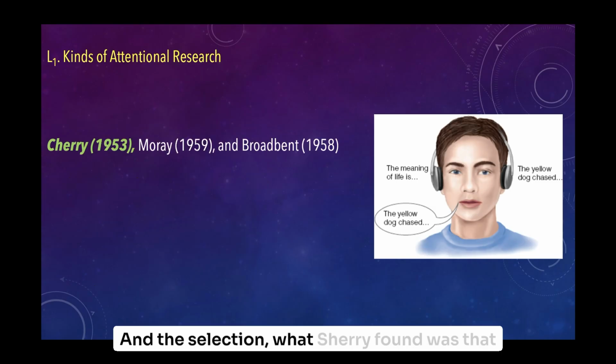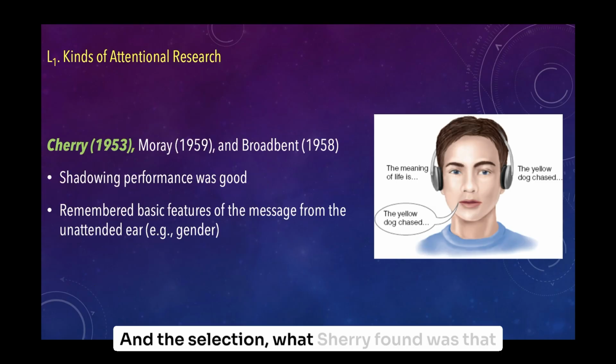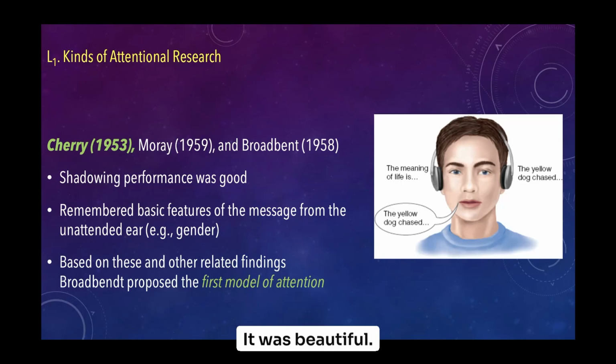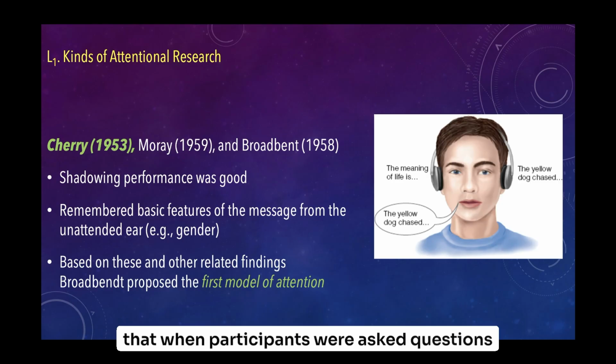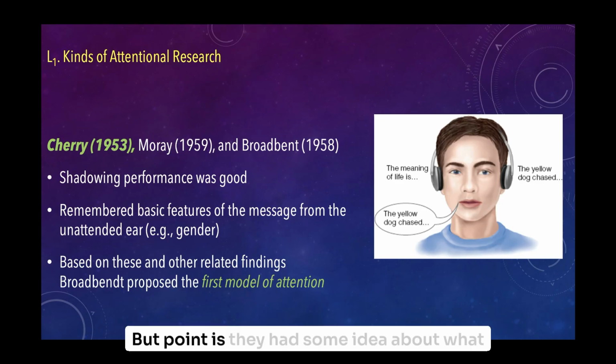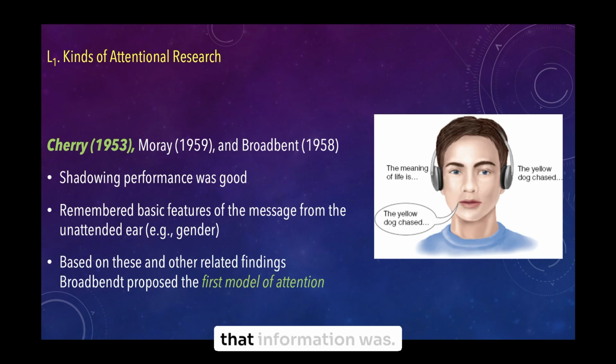What Cherry found was that people were actually good at shadowing, meaning that they were able to avoid information they were not supposed to pay attention to. They were able to do the shadowing, repeat the information. It was beautiful. What they also found was that when participants were asked questions about information presented to the unattended ear, which is the information they're supposed to ignore, they had no memory of it. But the point is, they had some idea about what that information was.